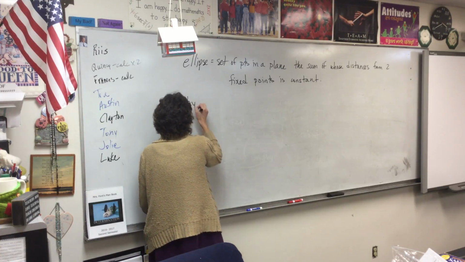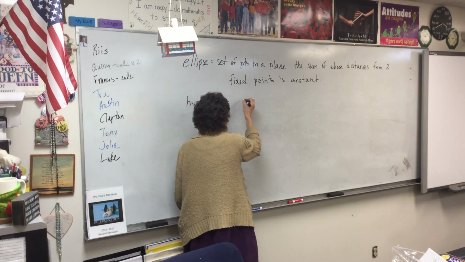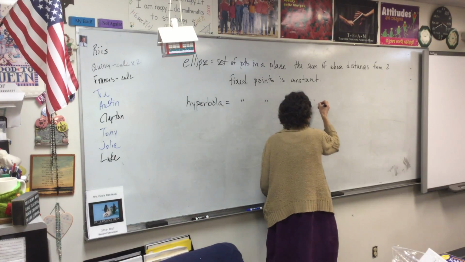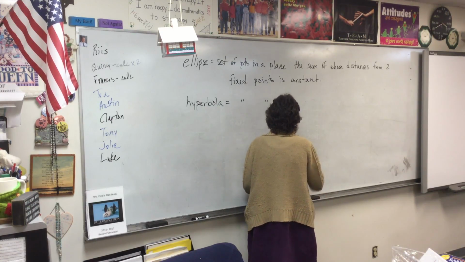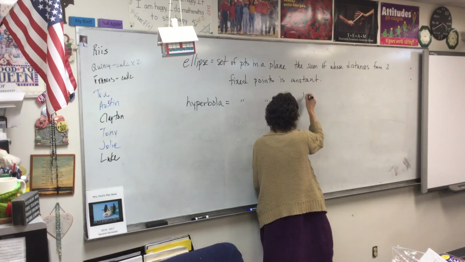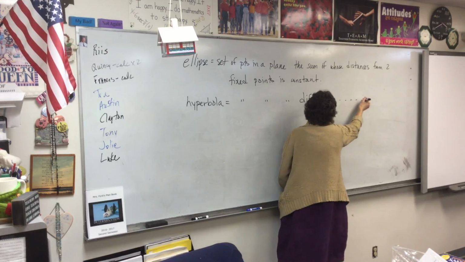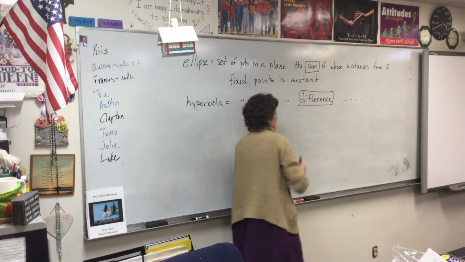A hyperbola is word for word, so I'm just going to use quote marks, it is word for word the same definition, except instead of the sum being constant, it's the difference that's constant. So that word becomes this word.